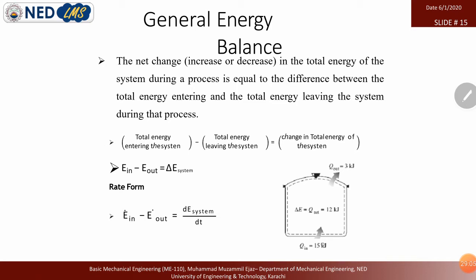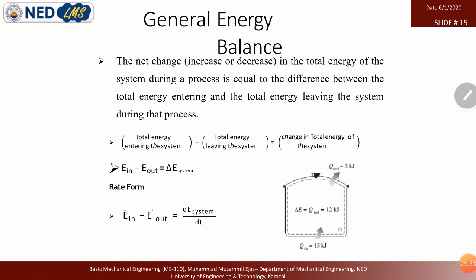So for this particular example, we have a pressure cooker. We are giving the heat transfer of 5 kilojoules, that increases its internal energy. So the total net change in the internal energy is only due to the heat transfer. That's why delta E is equal to delta Q, and some of the heat is released into the surrounding through the boundary.